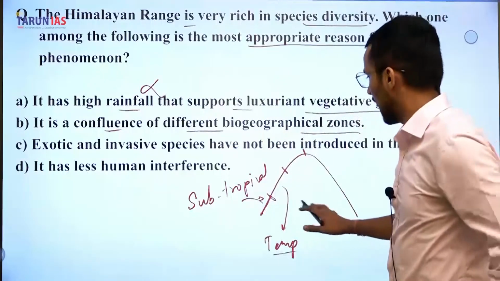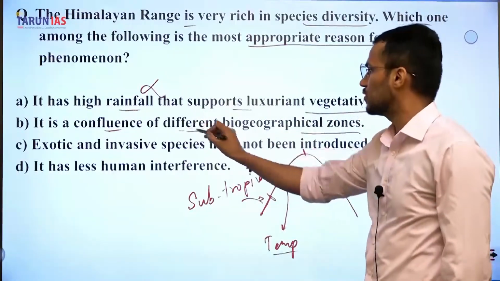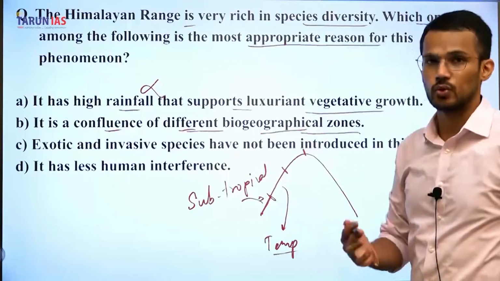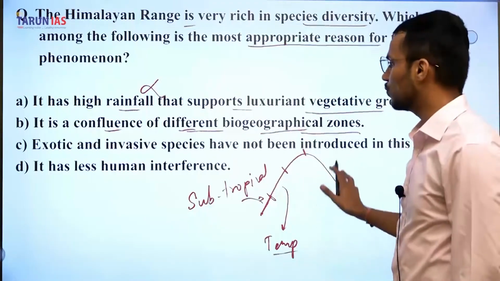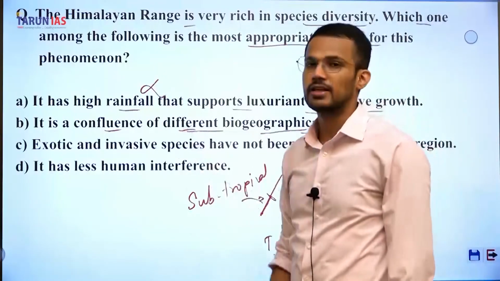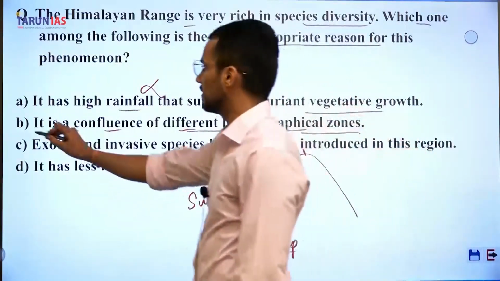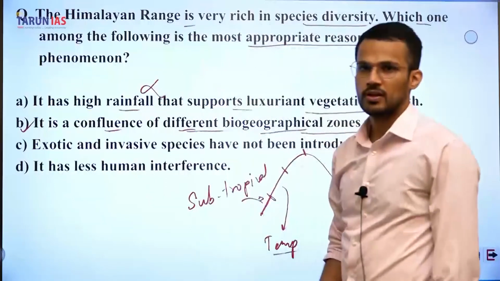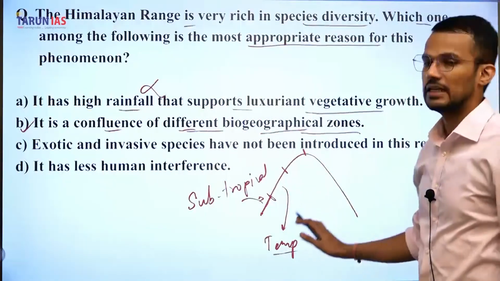And that's why, as a result of confluence of different biogeographical zones, we'll be able to find high species diversity in the Himalayan mountains. And that's why answer is B. Right? So the answer of this question is B.